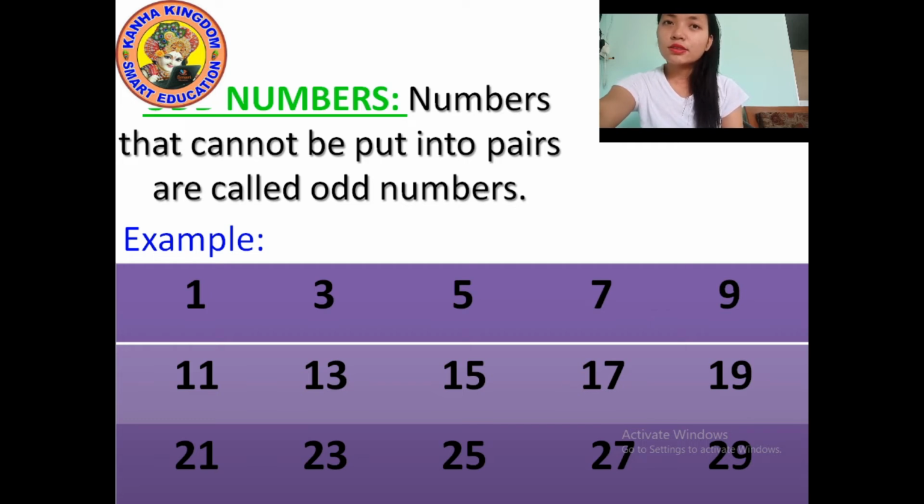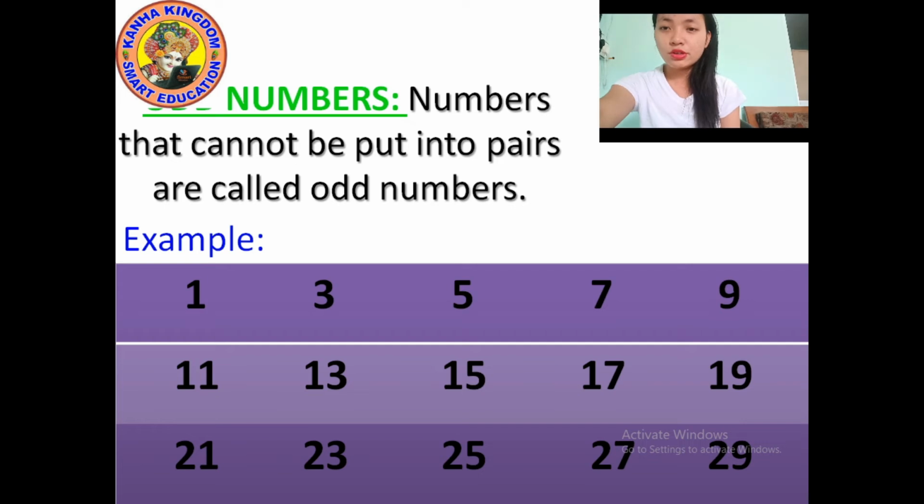Like, instead of 3 chocolates, if you have 4, you can share them with your brothers equally, right? But instead of 4 there is 3, so 3 is an example of an odd number. A number that cannot form a perfect pair of 2 is called an odd number.